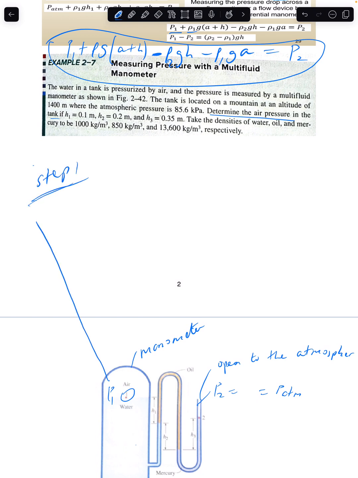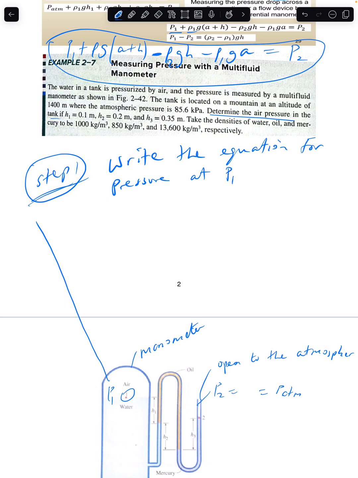Step 1: write the equation for pressure at P1 and P2, which is P atmosphere, because we must always write the pressure between 2 points, which I indicated.